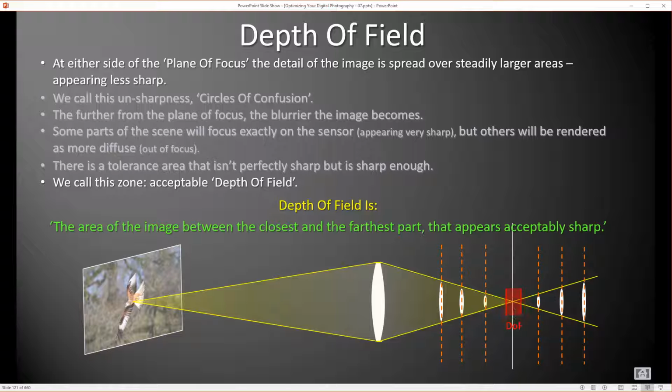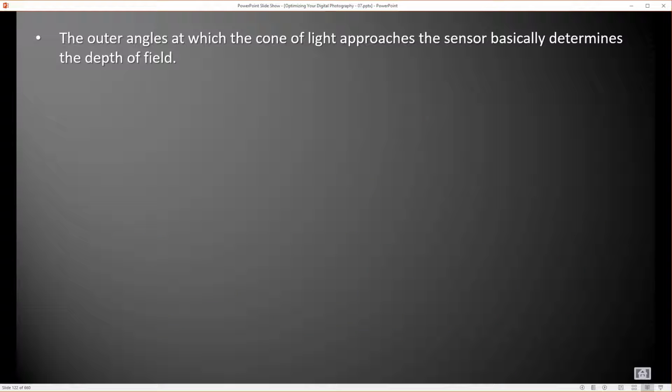So depth of field is the area of the image between the closest and the farthest part that appears acceptably sharp. So here's our plane of focus. Everything further away that still appears acceptably sharp, and everything closer to the camera that also appears acceptably sharp will be in our range, what we call the depth of field, acceptably sharp.